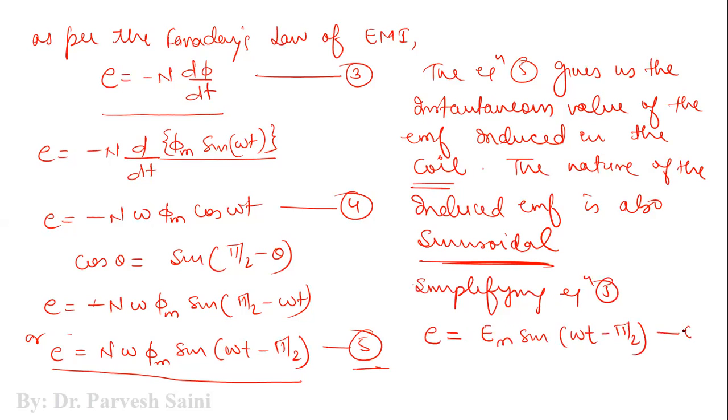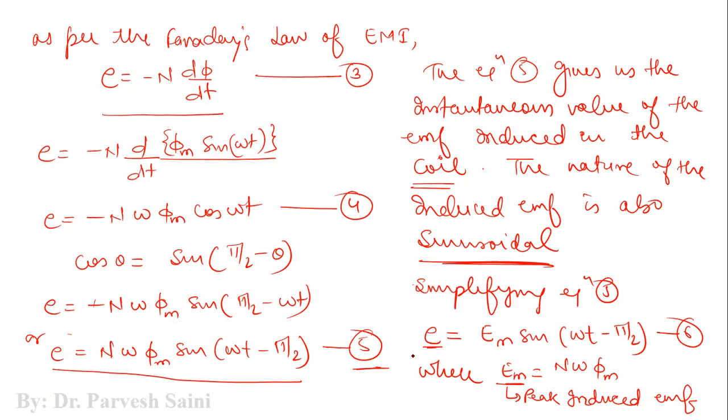So this is, let us say, equation number 6, where Em is nothing but n omega phi m. So this is the peak induced EMF. This is the peak value of this induced EMF, E, which is induced in the coil, right?